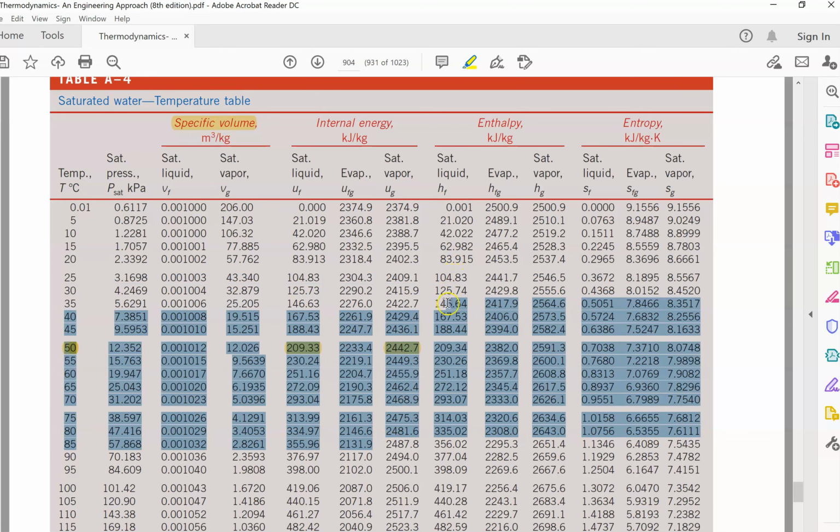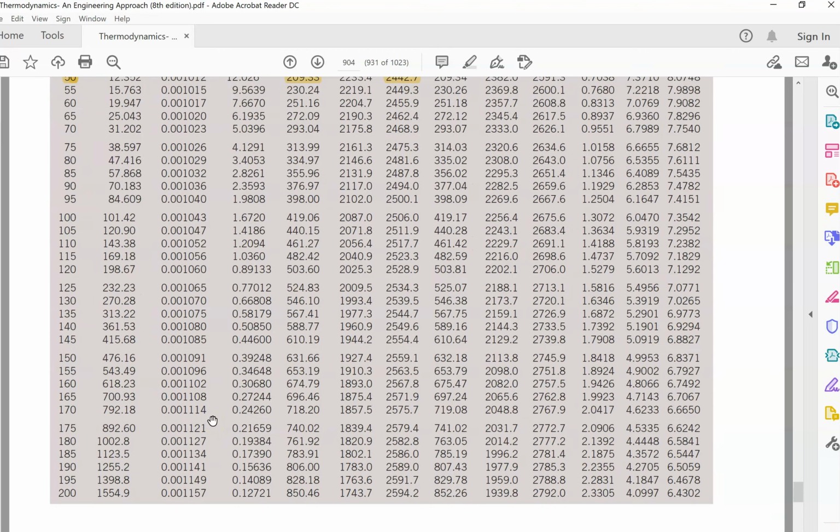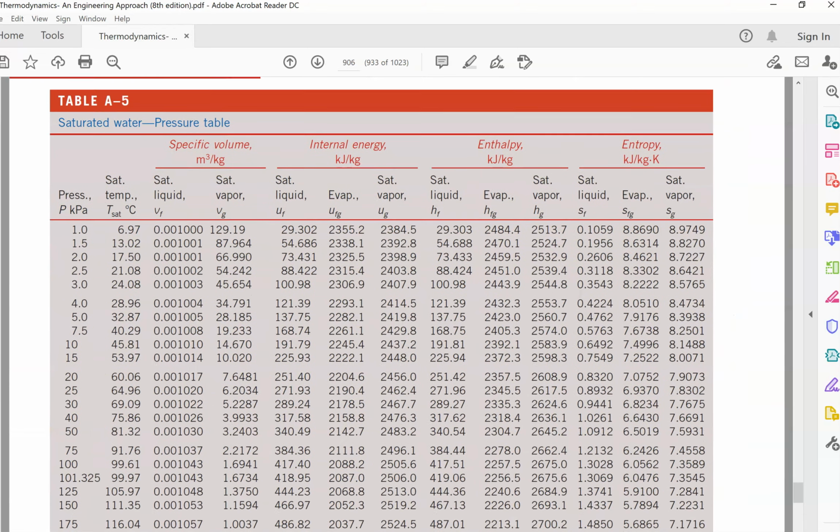Okay, I'm going to remove the highlight and move on to the next page. The next page is Table A5.